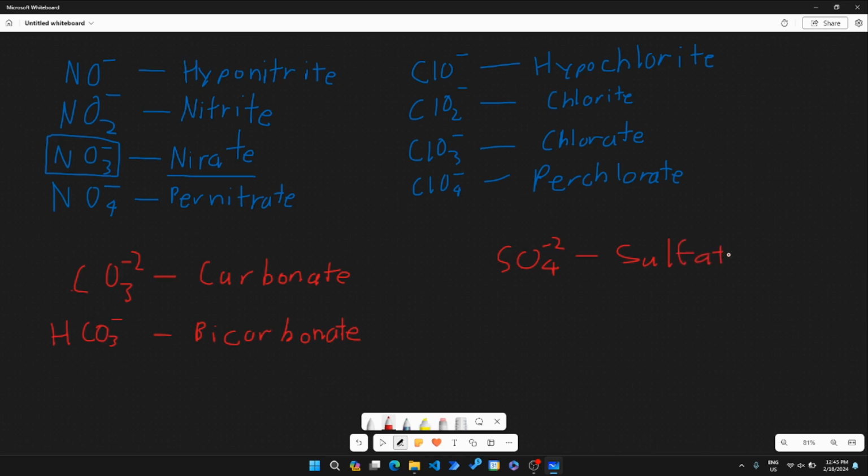The other terms still work. So sulfite is SO3 minus 2. So you can see we just removed one oxygen. And persulfite, you just add another oxygen. So SO5 minus 2. And this is persulfite.